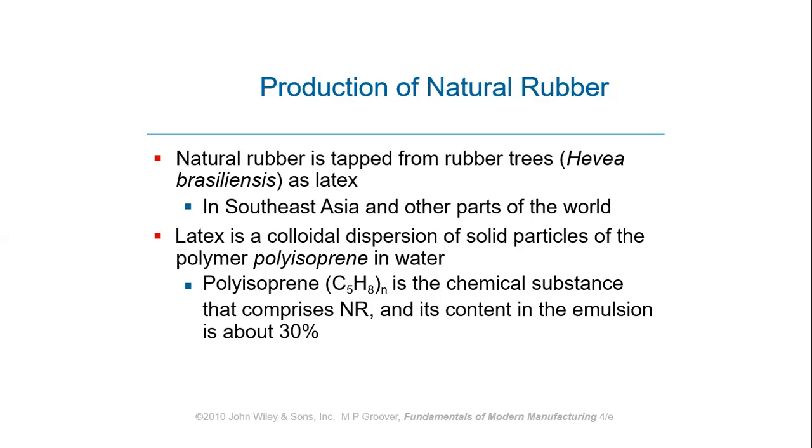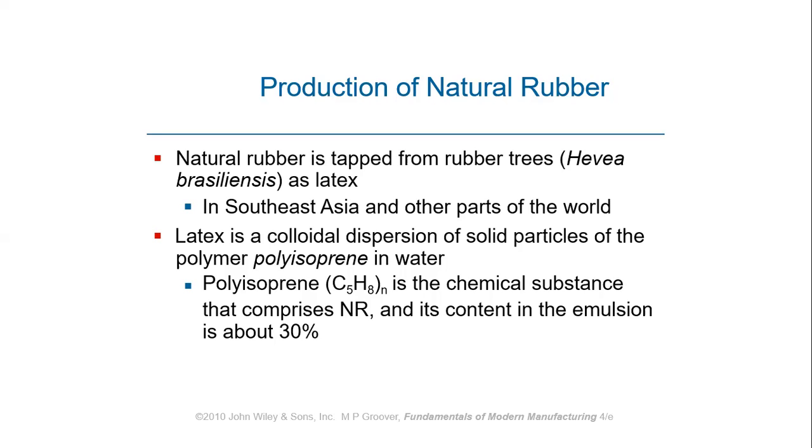The polymer particle used in the case of latex is polyisoprene in water, and that polyisoprene constitutes the chemical makeup of the rubber. It has the chemical formula C5H8. It is a monomer, and it can be polymerized to produce the rubber.